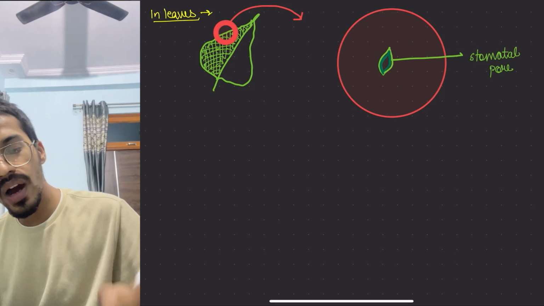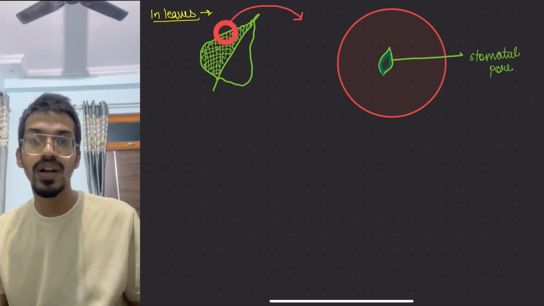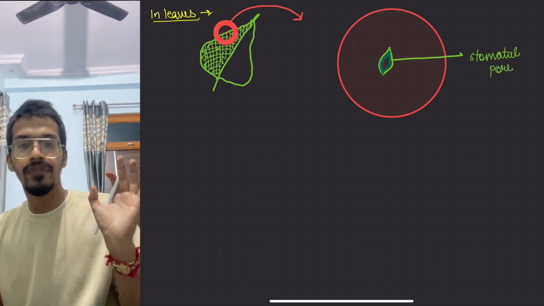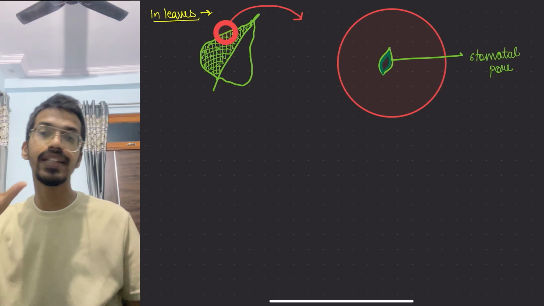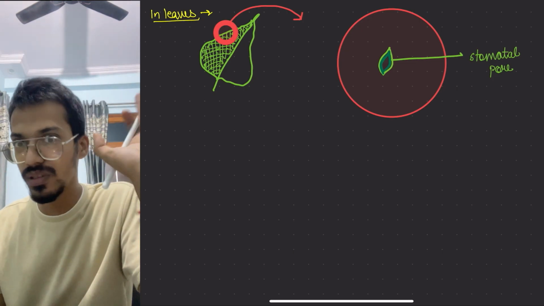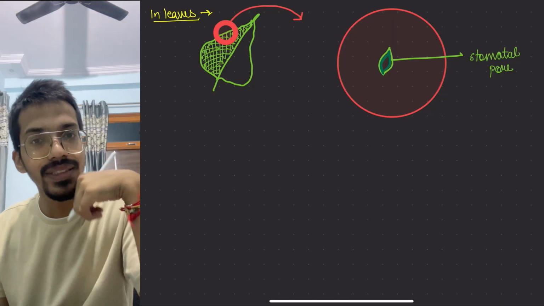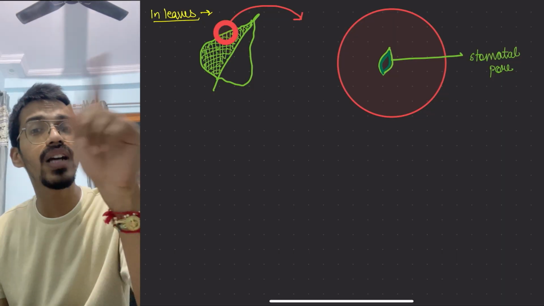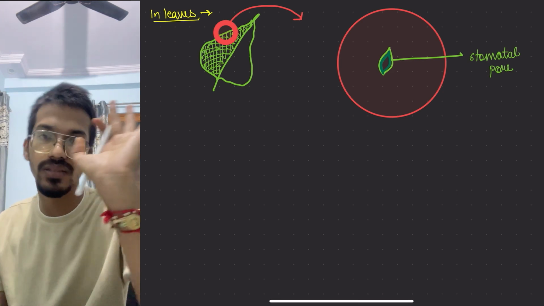Now around it, there will be cells present. Those cells are called guard cells, because whenever there is an opening, meaning there is a gate, there should be one guard sitting at it. You know that in every institute you go to, there will be a guard present, which will let only those students come in and out who are part of it or who are the needed personality, right?